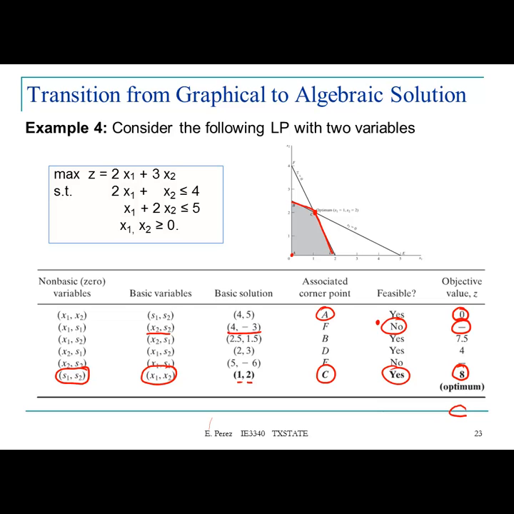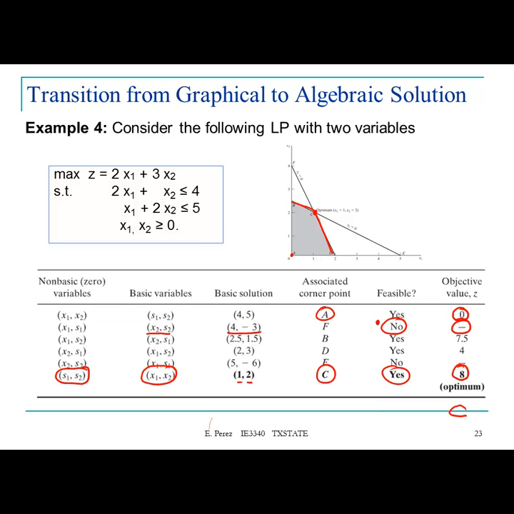The solutions that you obtain are your basic solutions. Then you need to find out if those points are feasible. If they are not feasible, then you don't have an associated point in your feasible region. But if they are feasible, then you can find the objective value. And from the list, if you are maximizing, you find the largest value. That will be your optimal solution.